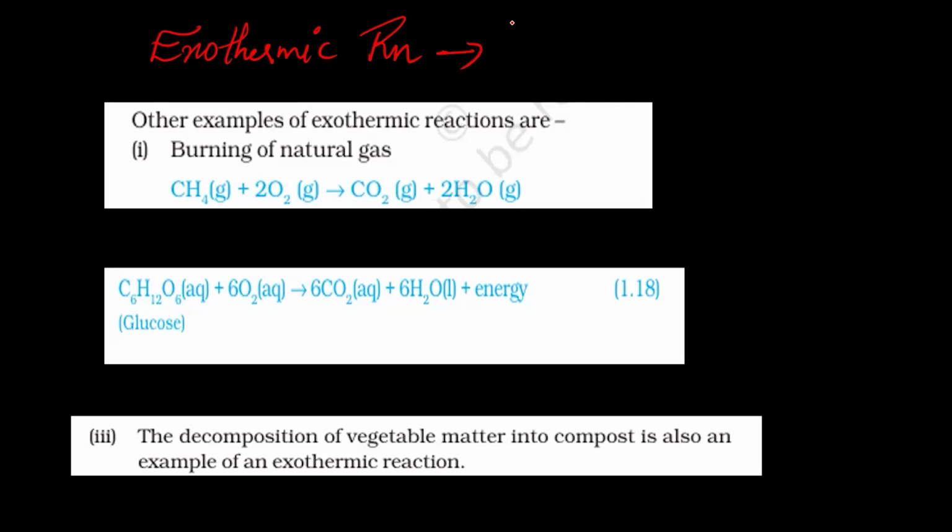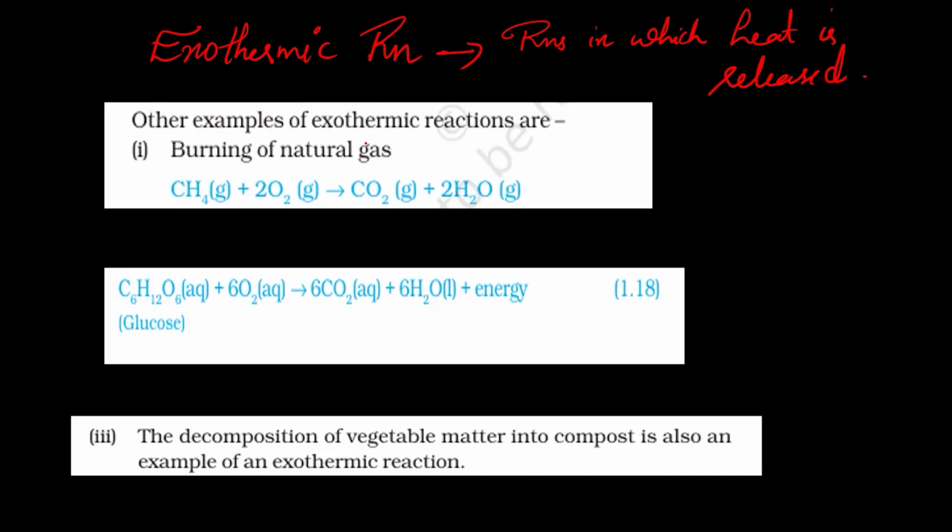Reactions in which heat is released. Along with the product, heat is also forming. That type of reaction we call what? Exothermic reaction. And you can see other examples from your textbook itself.